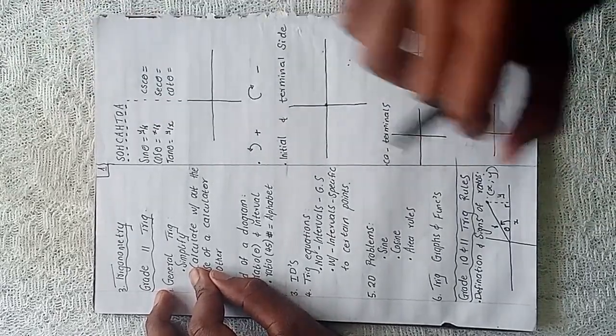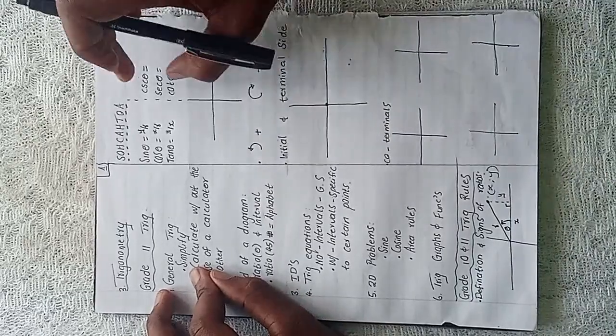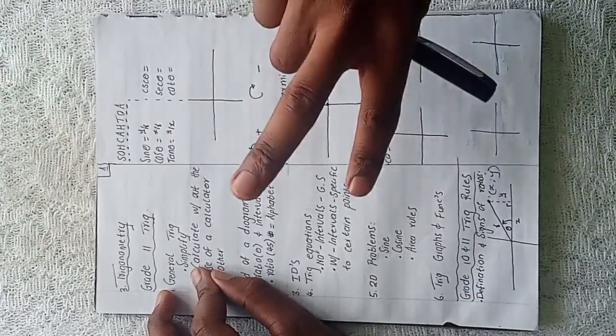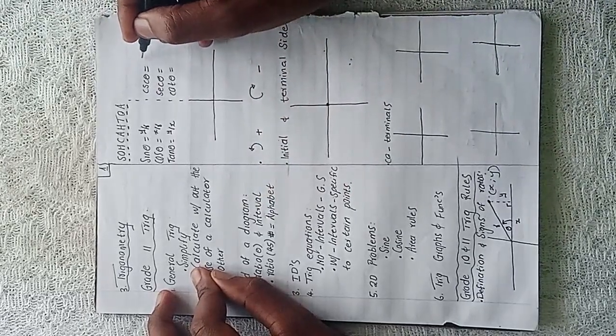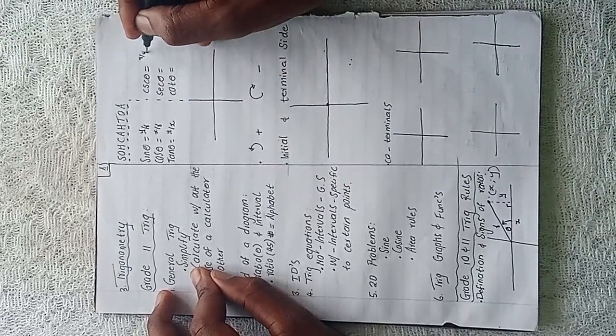Okay, these are the reciprocals, and when we're doing the reciprocals, we just flip our ratio or our fraction. Since sine is y over r, the reciprocal will be r over y.